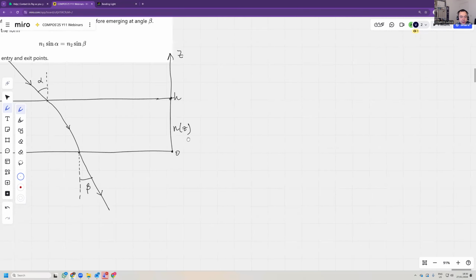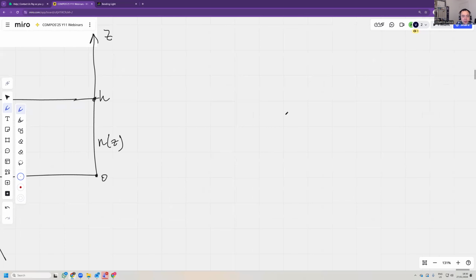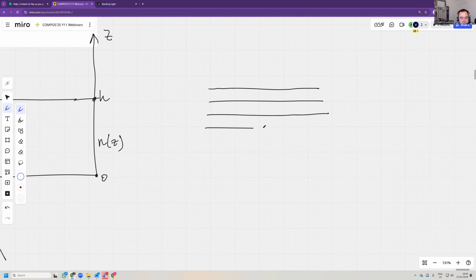So to understand this, let's consider glass with 3 layers. So this is N1, this is N2, this is N3, N4.